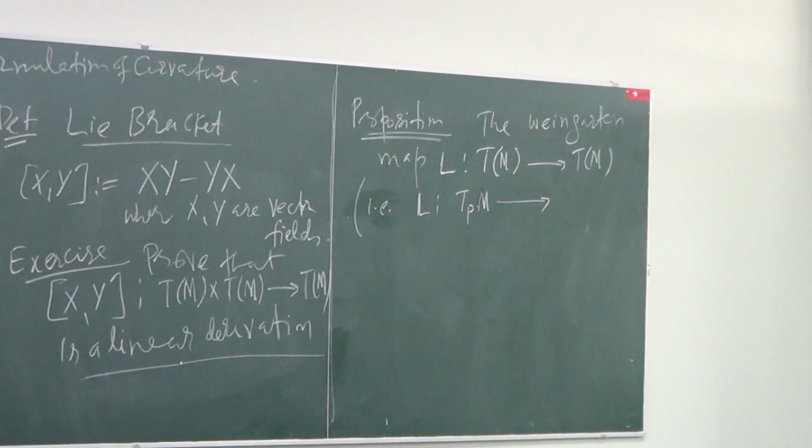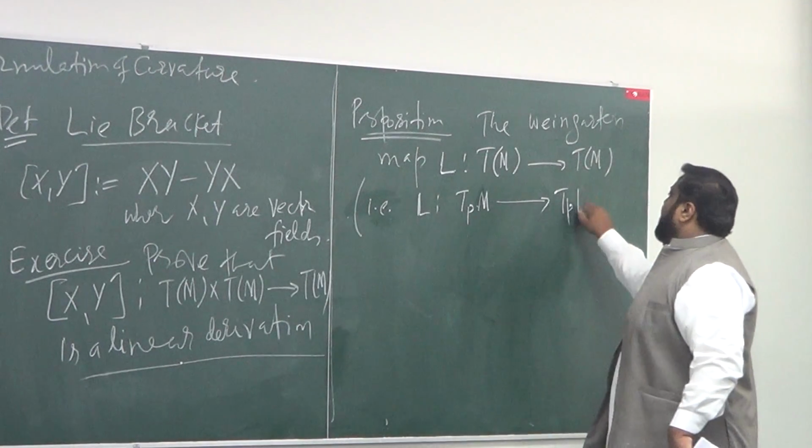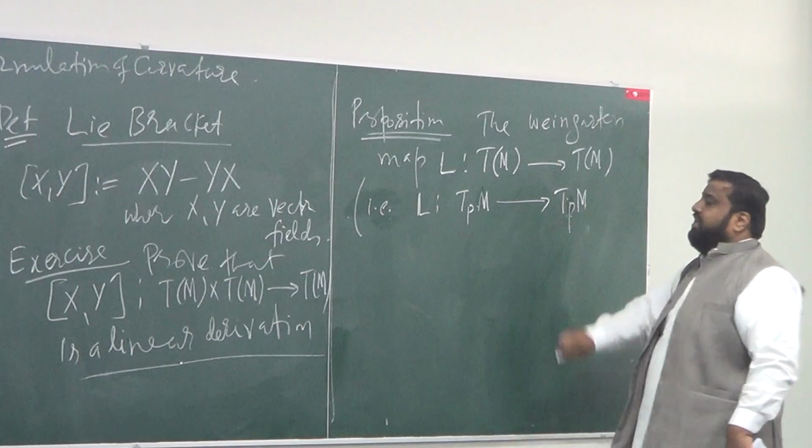So it's pretty isomorphic. Why? Because both have the same dimension, and any two vector spaces of the same dimension are isomorphic to each other. Alright, so I can treat L in this manner as a map from TPM specifically to TPM.